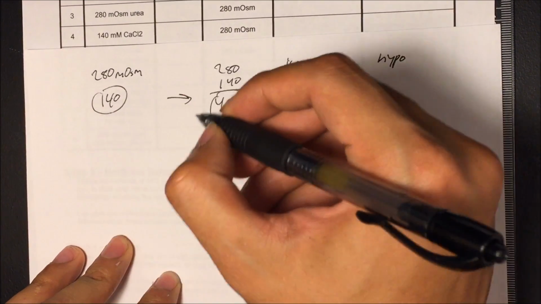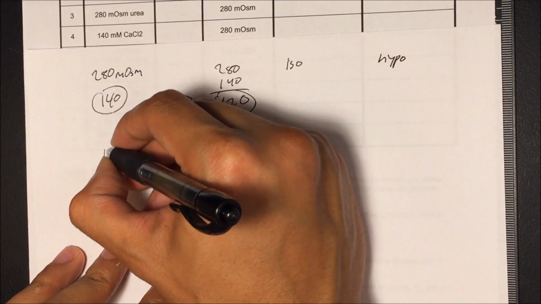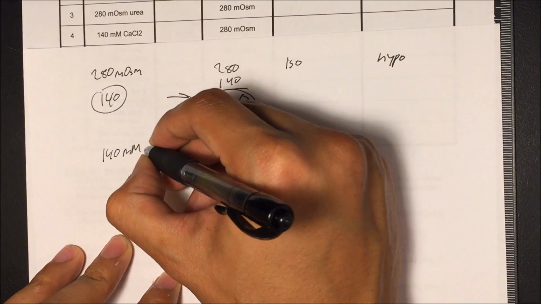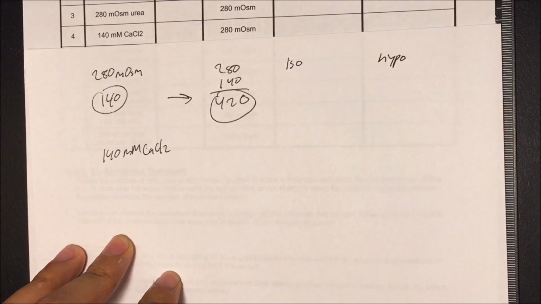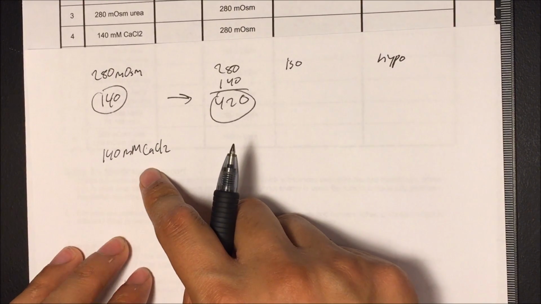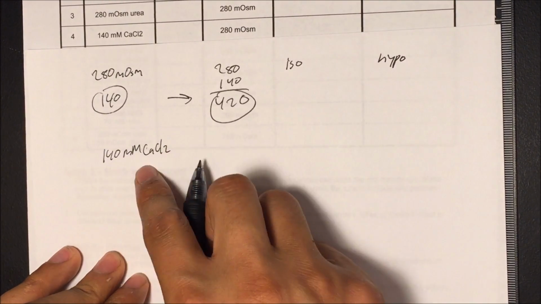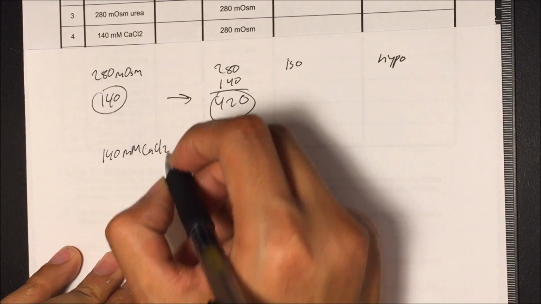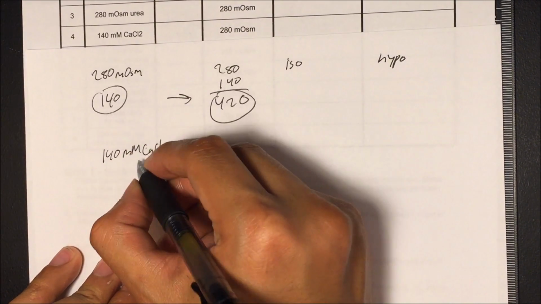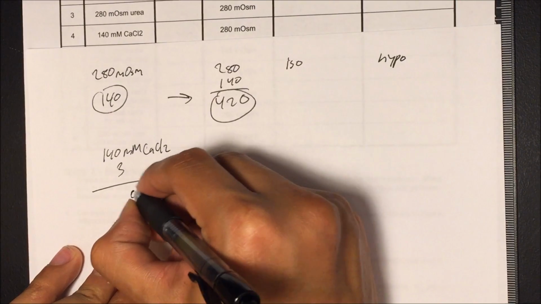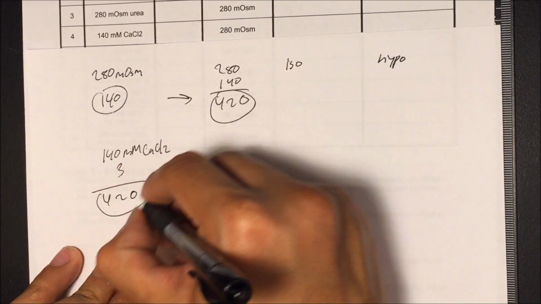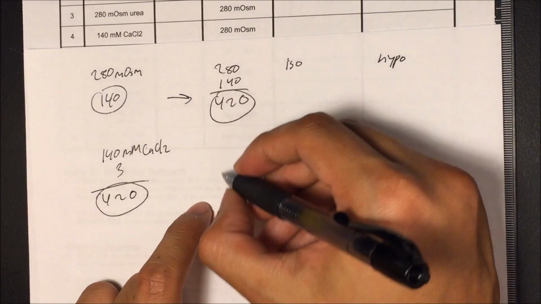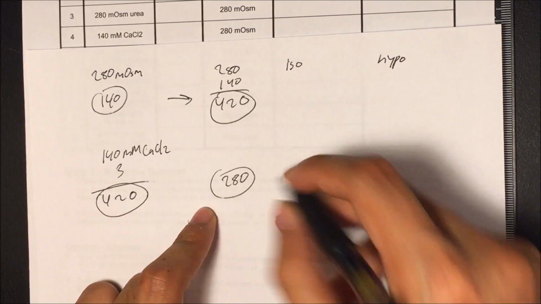And so our next example, we have 140 millimoles of CaCl2. Now since this is not in the correct units, all we need to do is take 140 and times it by the number of dissociable particles, which is 3, which is 420. And we compare that to the red blood cell.